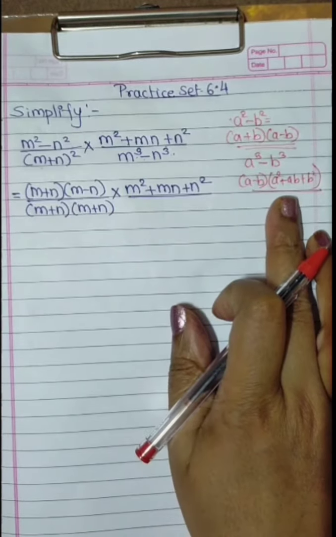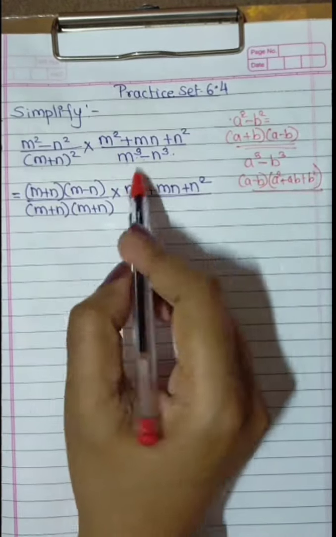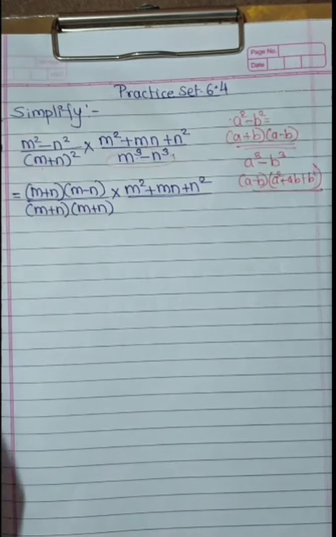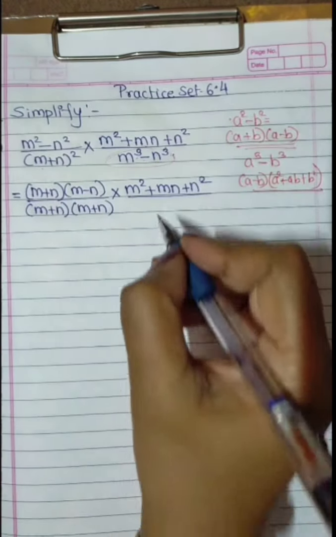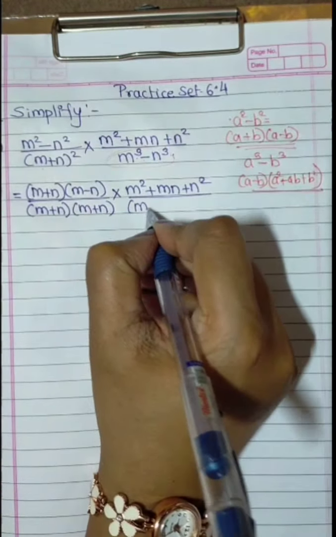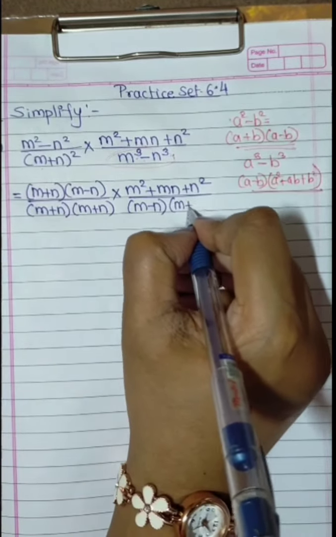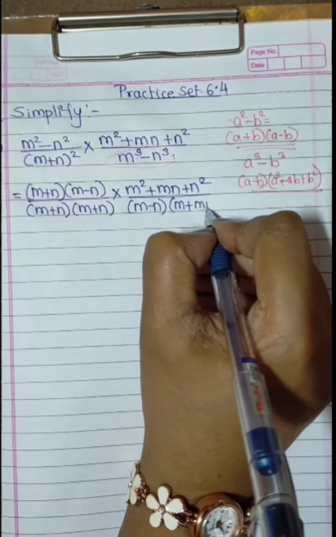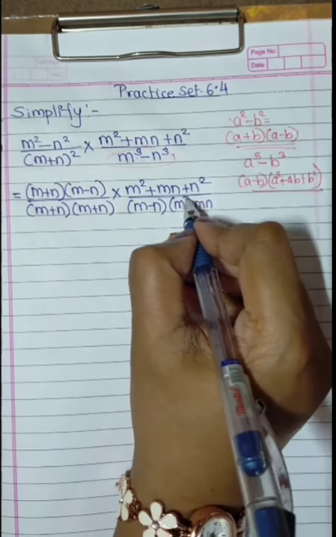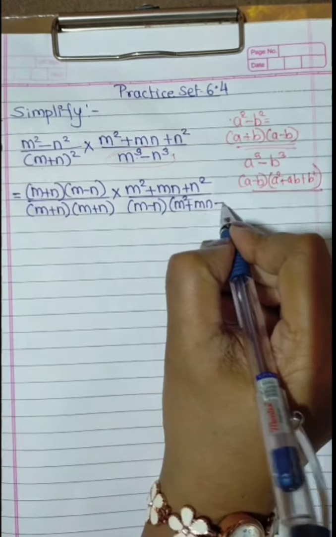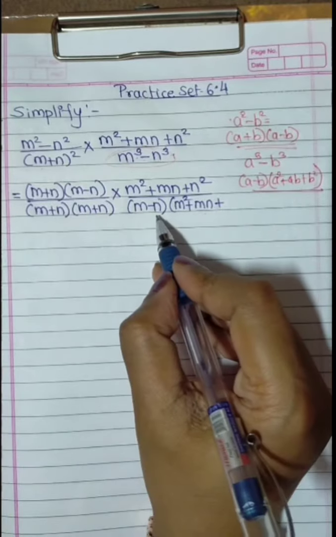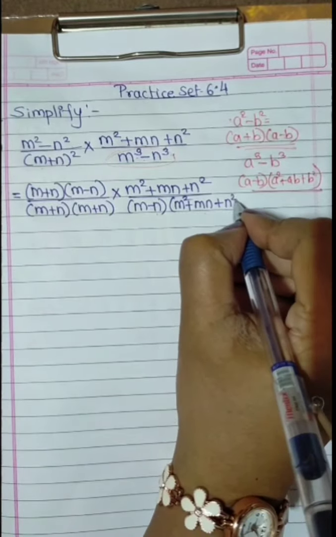So this formula we are going to use here. So I am writing m minus n, then m square plus mn plus n square.